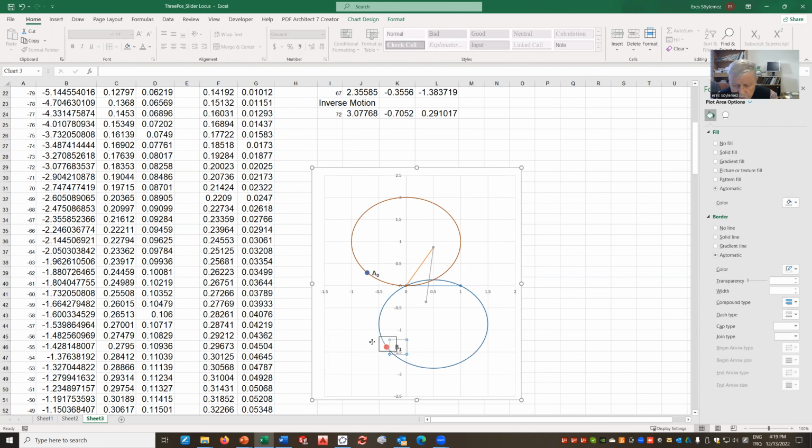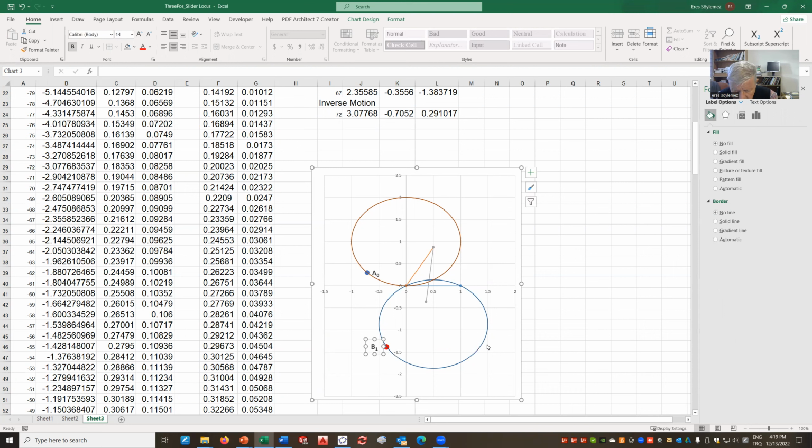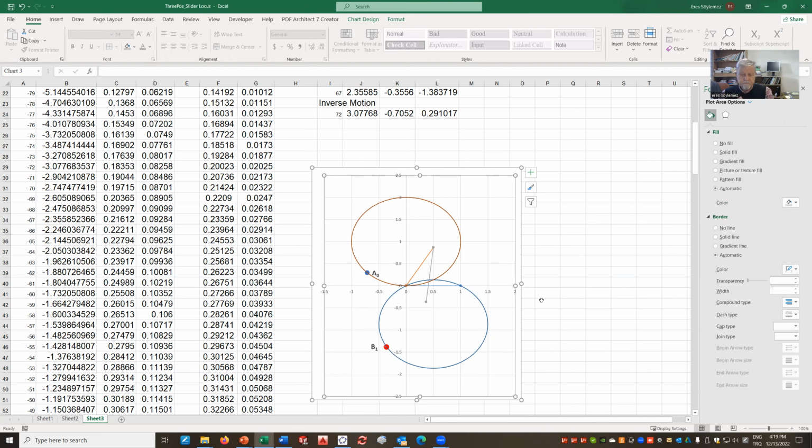Okay? Of course, you can change the position of this label, like this.